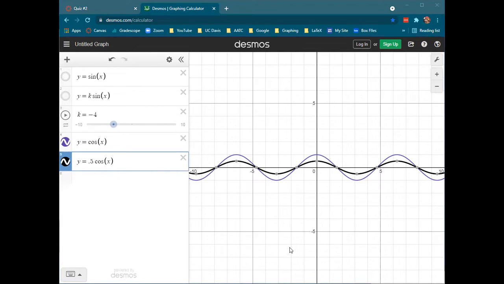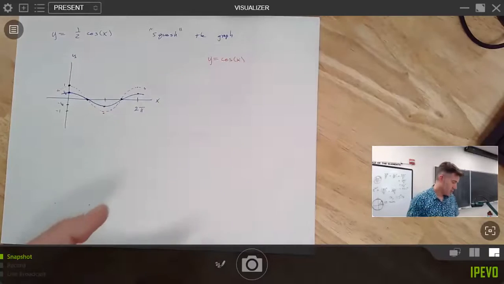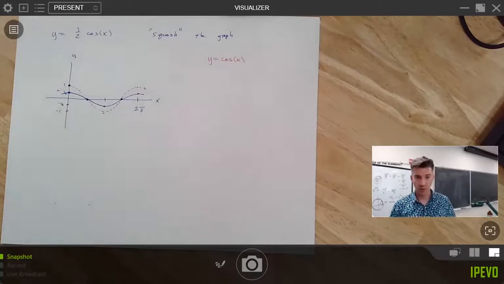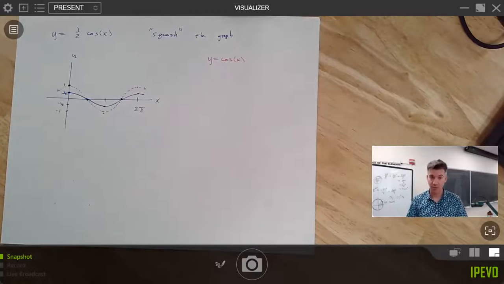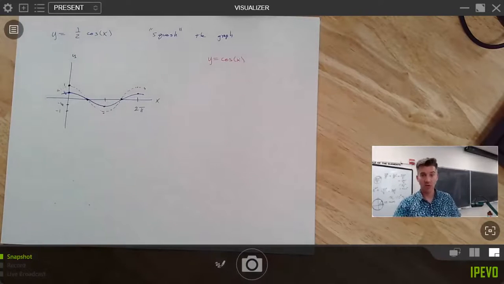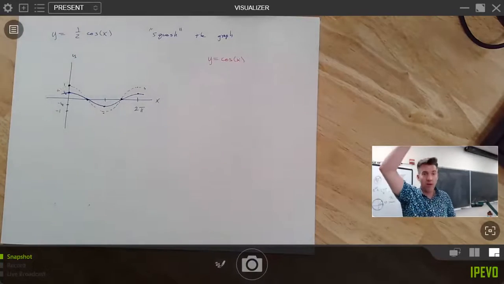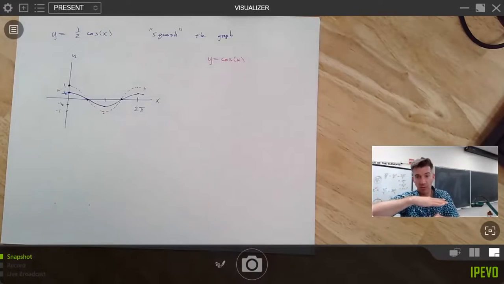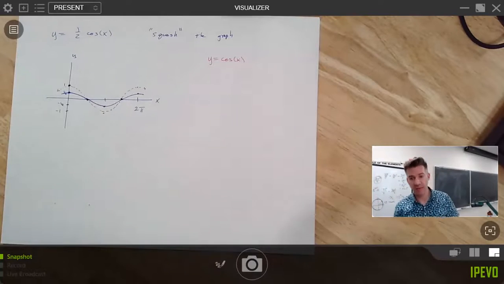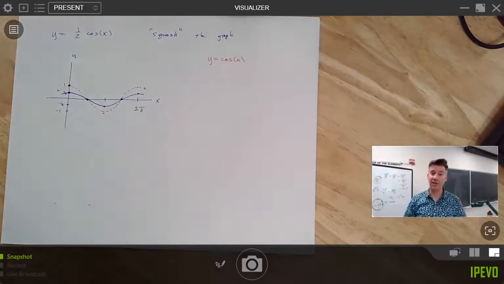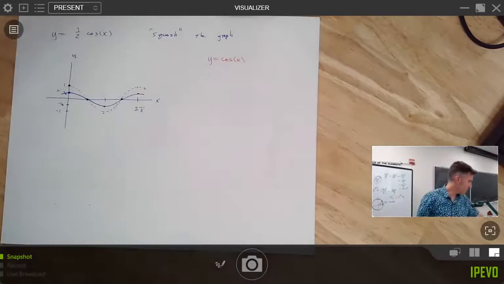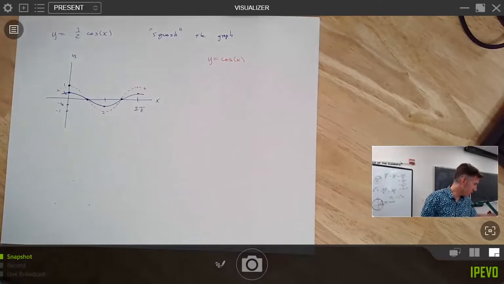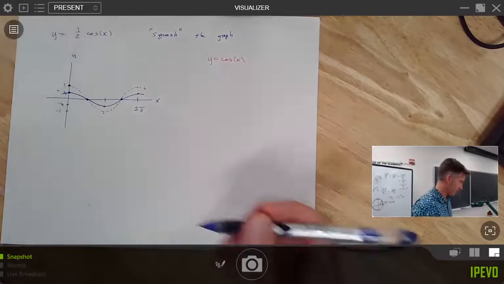Okay, great. So when you have a different amplitude, that's going to give you a vertical stretch if the amplitude is larger than 1, and a vertical squash if the amplitude is between 0 and 1. We haven't talked about negative coefficients yet. But I'll say this right now.